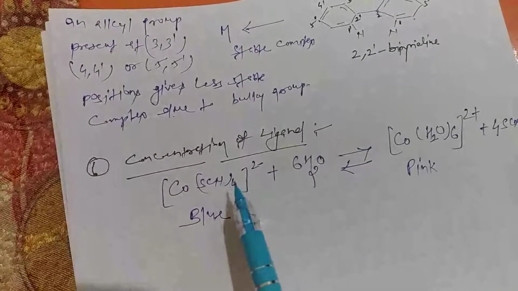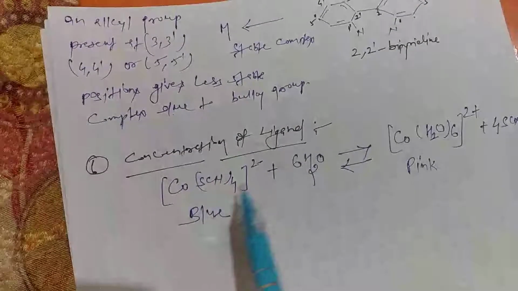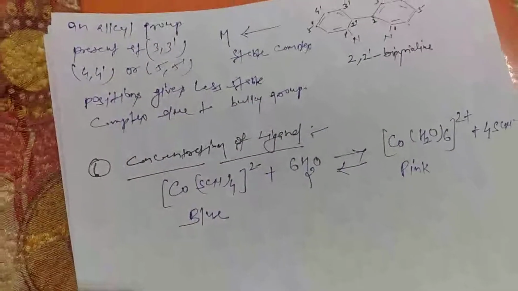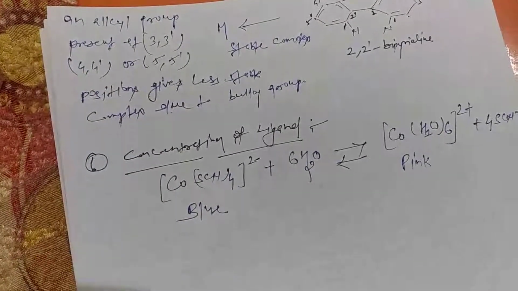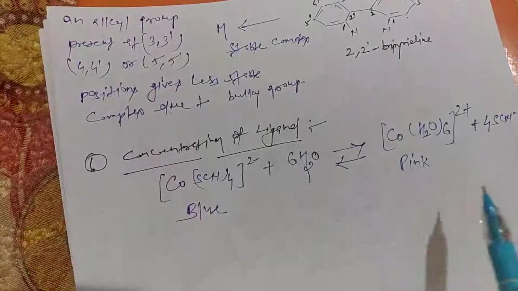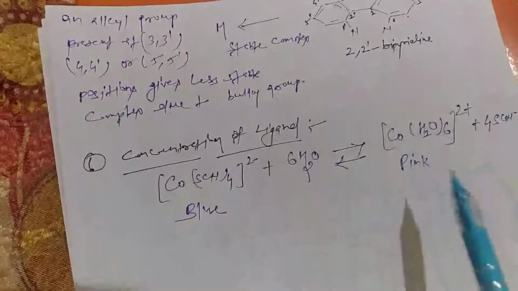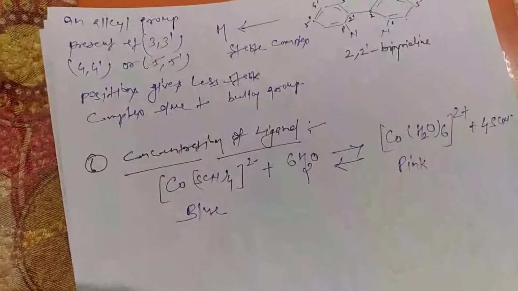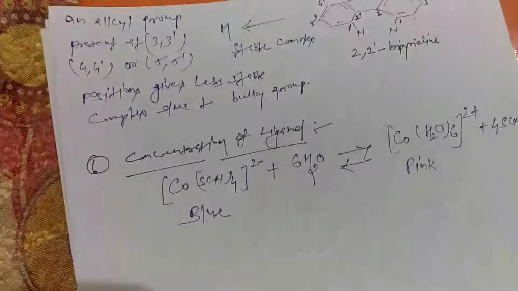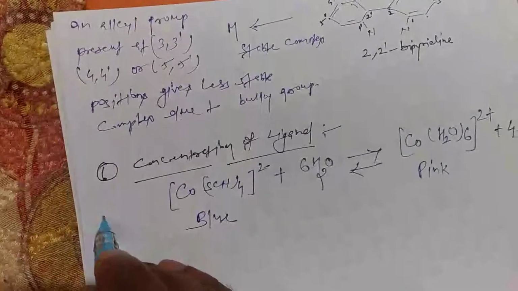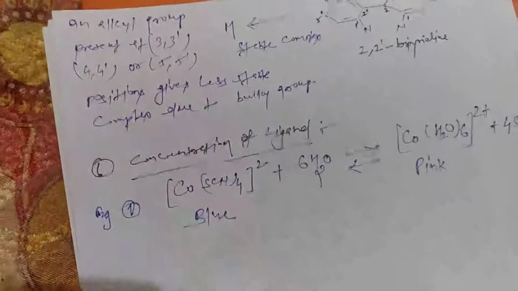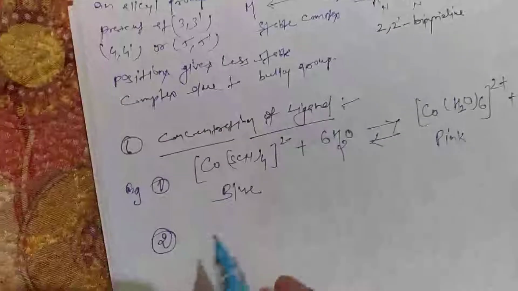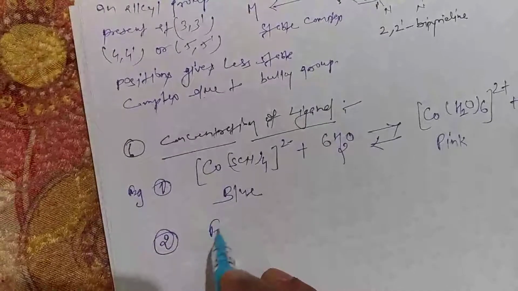Here we have coordination number 4, here coordination number 6, so the concentration is changing. This is how stability can be affected. Here it is a more stable complex, here it is not. And if you add thiocyanate to this pink complex, it will again convert into blue, because it is reversible. This is how the concentration of ligand affects it.